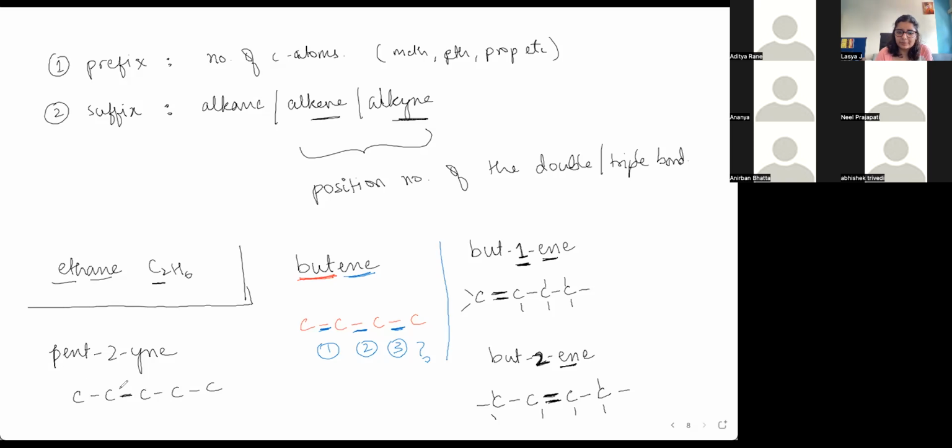Yes, the second one has a triple bond here, and the rest of it has to be filled up by hydrogens. Okay, guys, getting the hang of it? Numbers, Aditya? Yes. Okay, so it just tells you where this is.